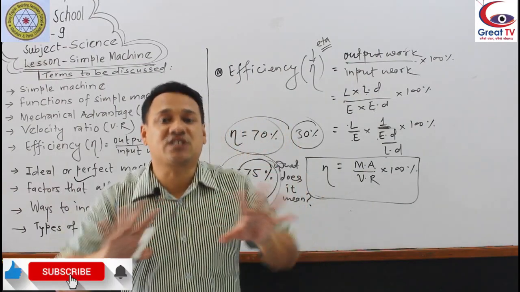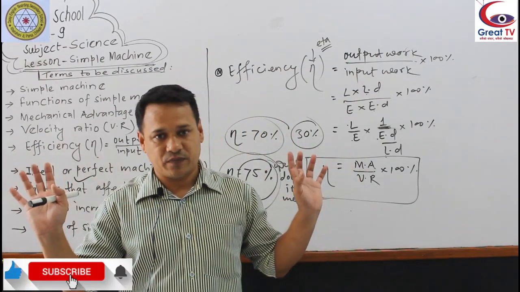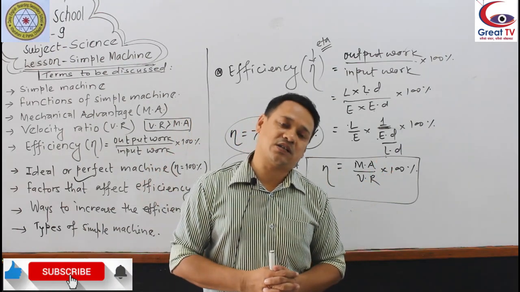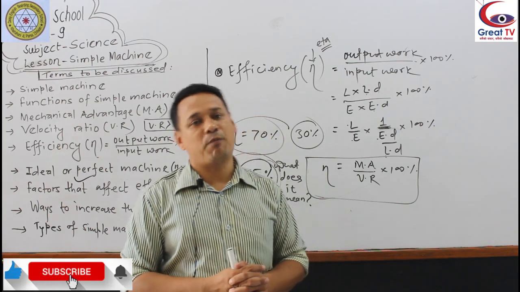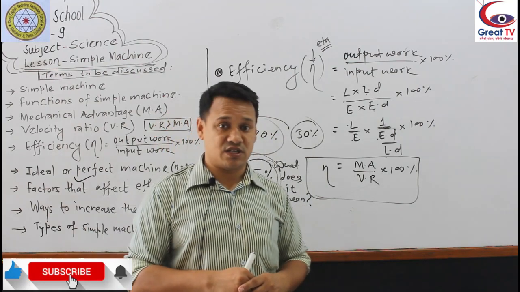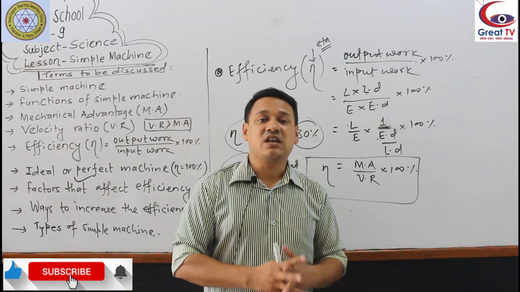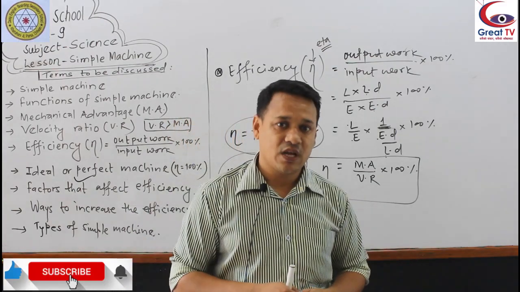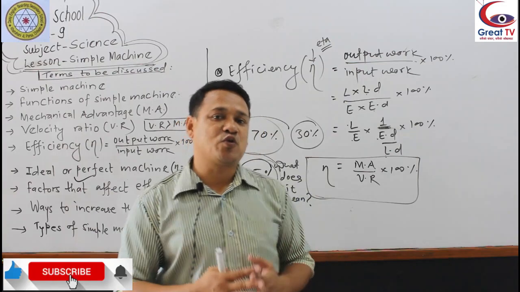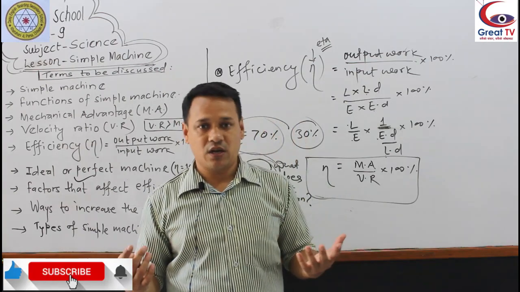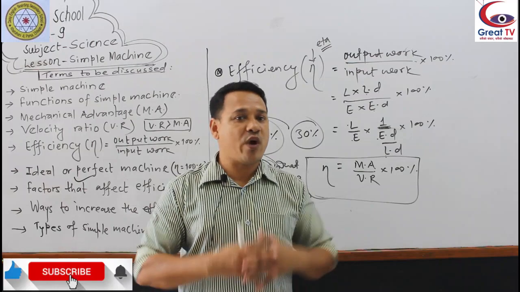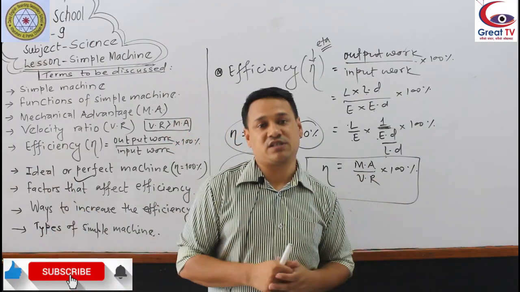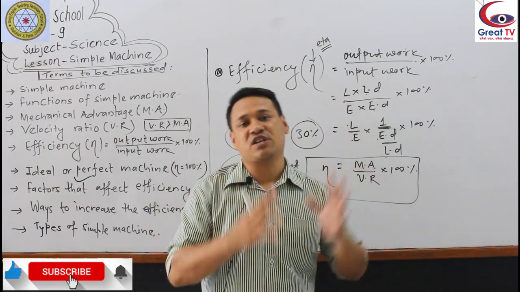If the machine is frictionless, with no loss of energy, at that time the machine will be perfect. That is the ideal machine. An ideal machine means a machine in which input work and output work are equal, a frictionless machine where no energy is lost. That is the perfect machine, the ideal machine, and it is 100% efficient.